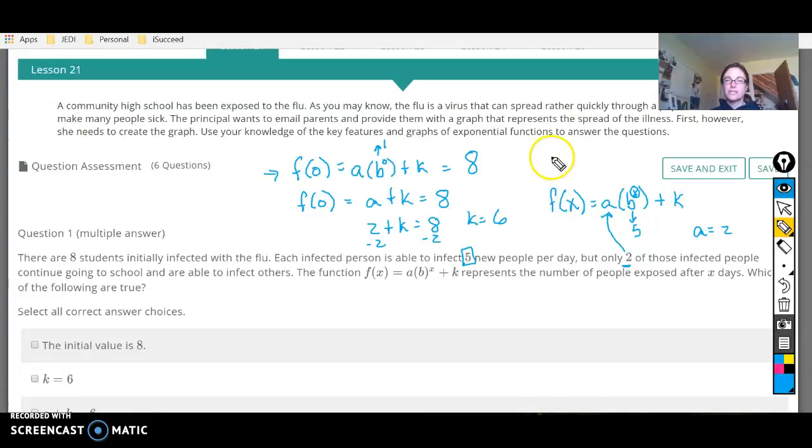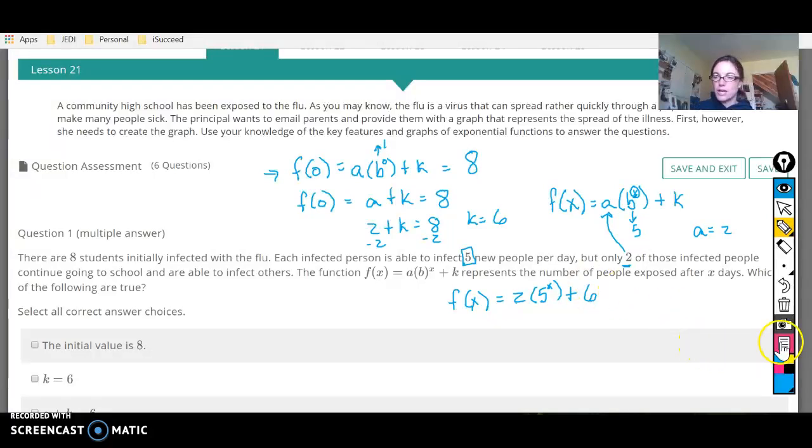So this function is actually going to look like f of x equals 2 times 5 to the x power, that's what an exponential function looks like, it has x in the exponent, plus 6. I can't multiply the 2 by the 5 and get 10 because I'm only taking 5 to the x power. So we have to keep those separate.